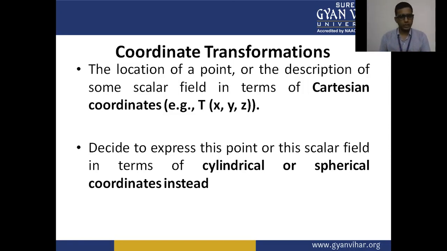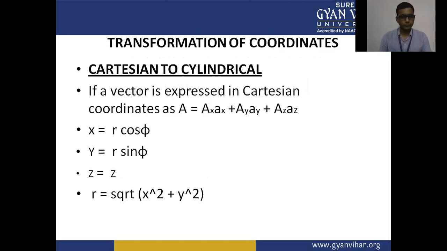So we decide to express this point or scalar field in terms of cylindrical and spherical coordinates. We have different formulas or transformation techniques between Cartesian to cylindrical and Cartesian to spherical coordinate systems.